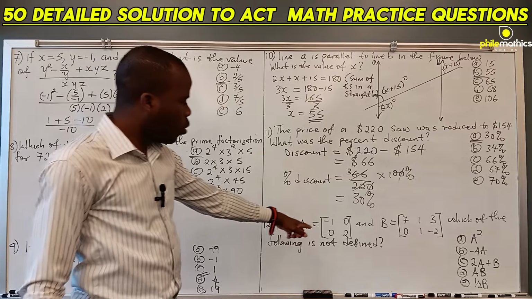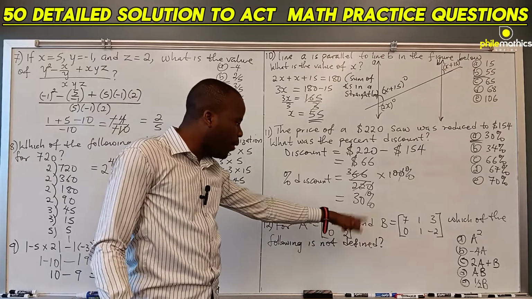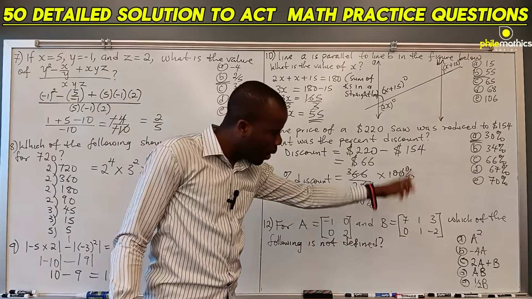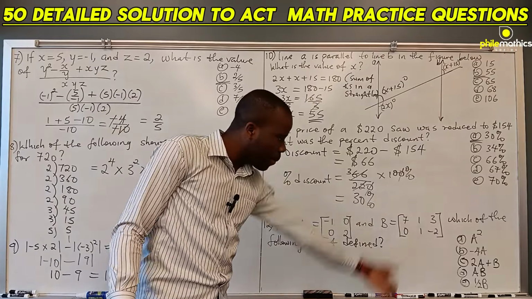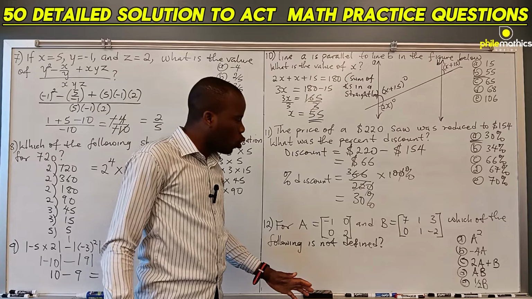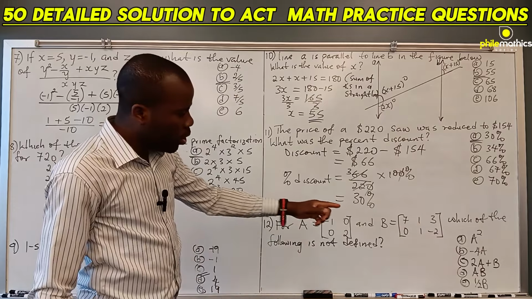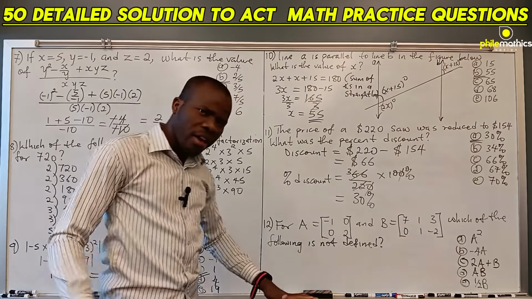For A equals this 2 by 2 matrix and B equals this 2 by 3 matrix, which of the following is not defined? A says A squared. A squared is well defined because we can multiply a 2 by 2 matrix by itself because the sizes are the same, and so we can multiply it. B minus 4A, very correct.